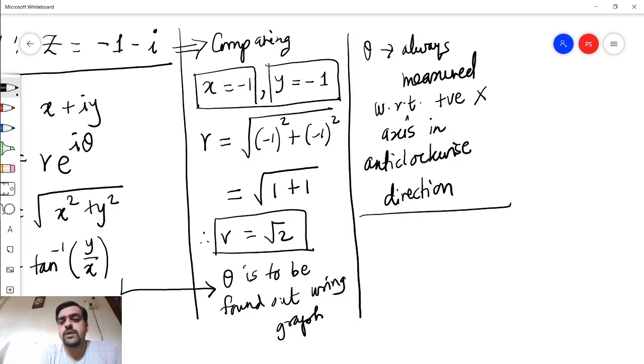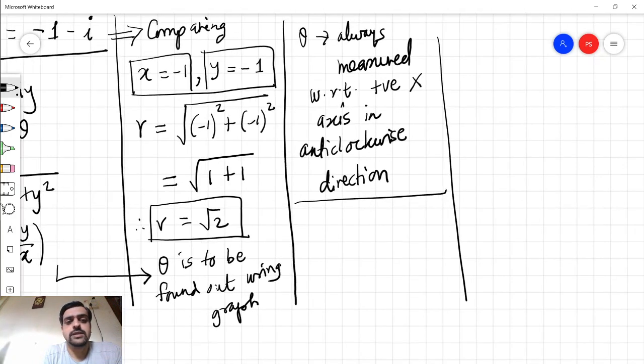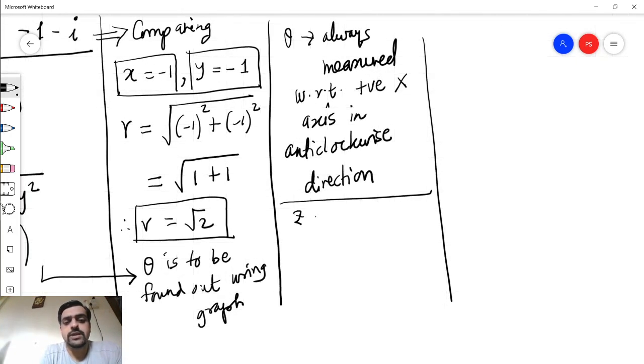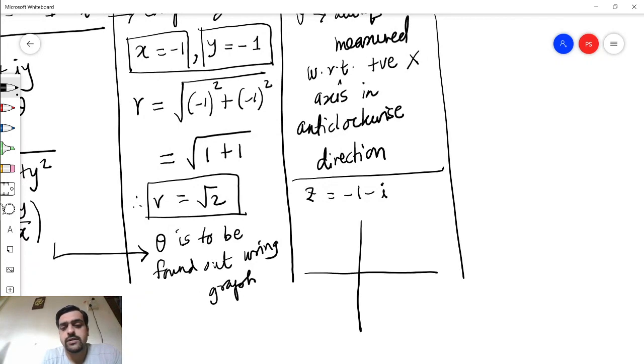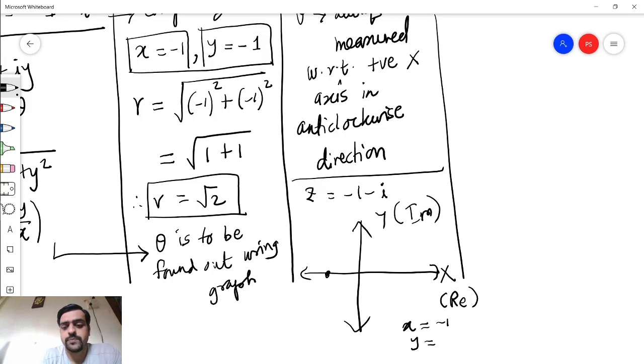So we'll try to represent this number z equals minus 1 minus i on a graph. So we can draw x and y axis. Remember that this belongs to real part, this belongs to imaginary part. So minus 1 will be here for x, since x and y both are minus 1.